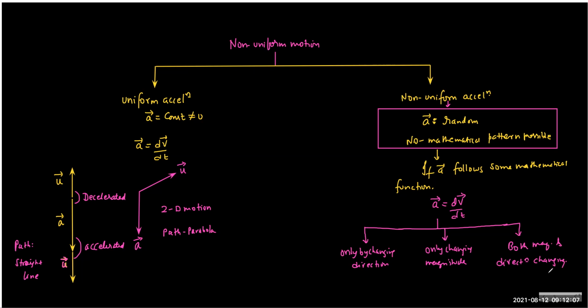See, a equals dv by dt is always true no matter what. That is the beginning. Even for this case also, a equals dv by dt is the definition, so that cannot change. Definition is the fundamental. What is most fundamental? Definition, which never changes.